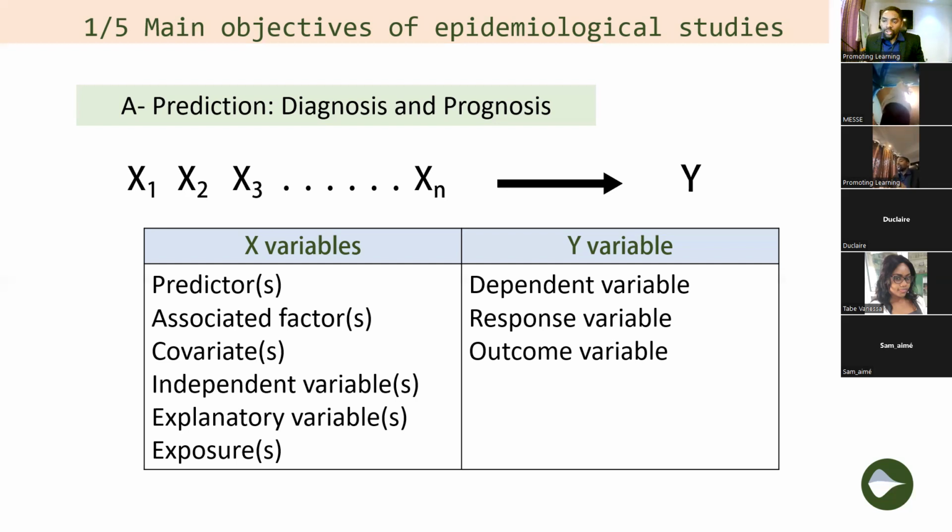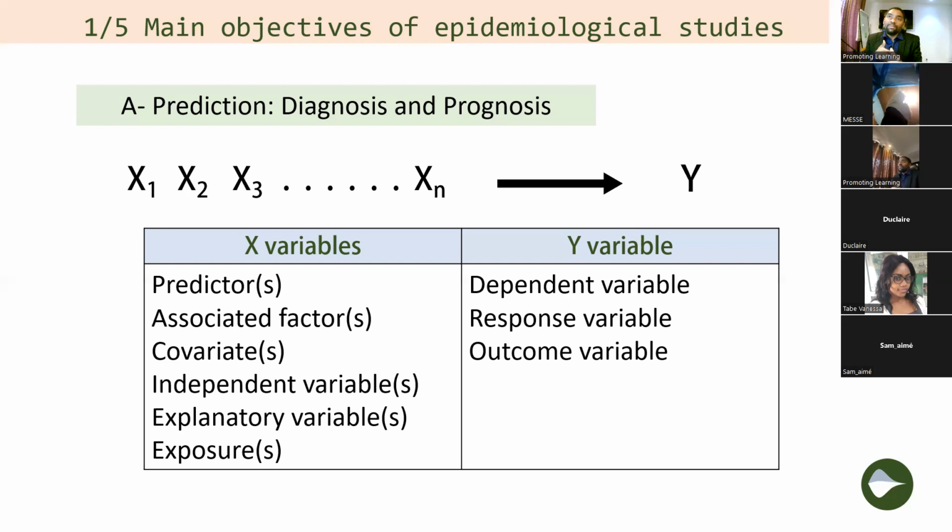When you are doing prediction, you are interested in doing one of 2 things. Either you're doing prediction to diagnose a condition, or you're doing prediction to do what they call prognosis. That is to tell us the probability that another event is going to occur in the future, given that you already have something happening now.